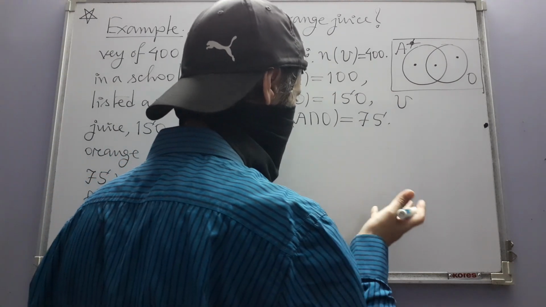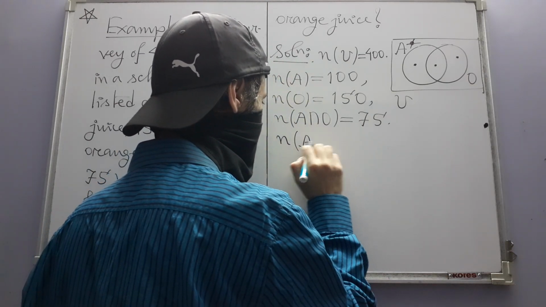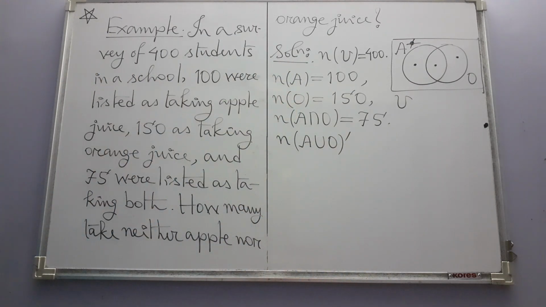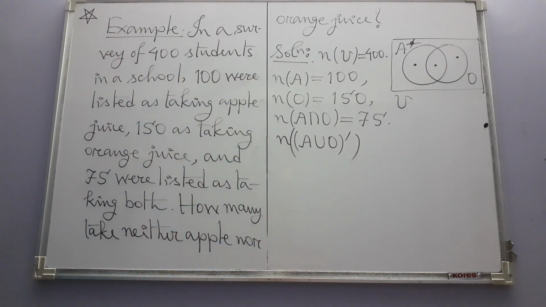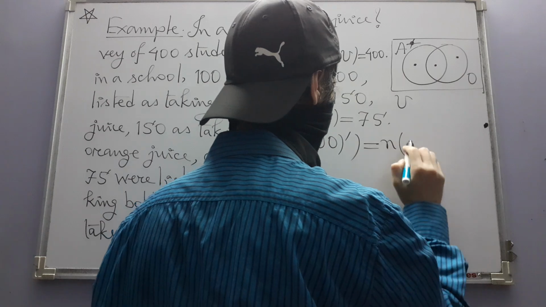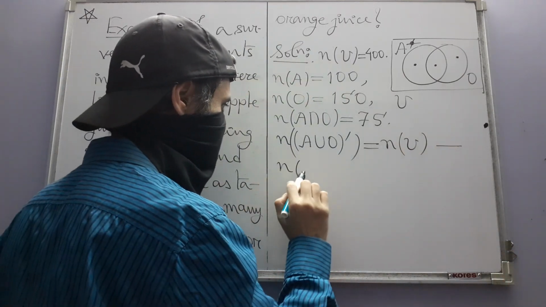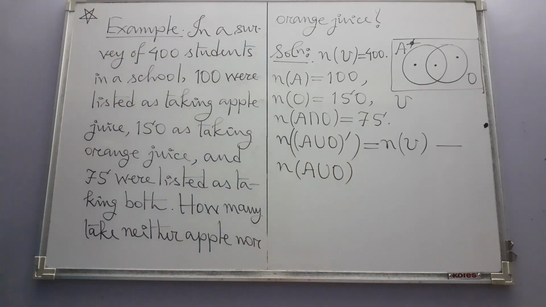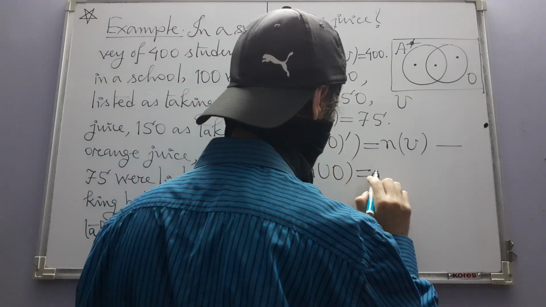In other words, we have to find the number of elements in the complement of A union O. This is the number we have to find. And this number obviously is the number of elements in U minus this.